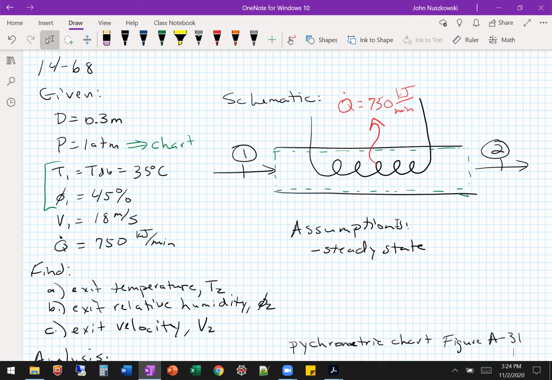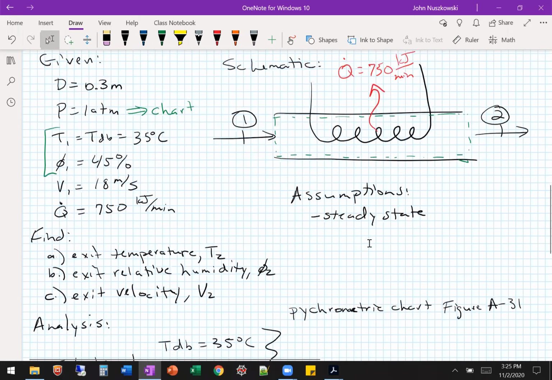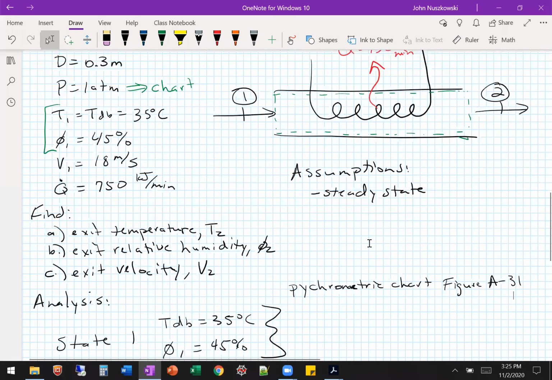Should we figure out the enthalpy of state one and then use open system to try to figure out h2? Okay. So if we find enthalpy at state one, I'm going to show the psychrometric chart at the end, because I don't want to keep flipping back and forth.